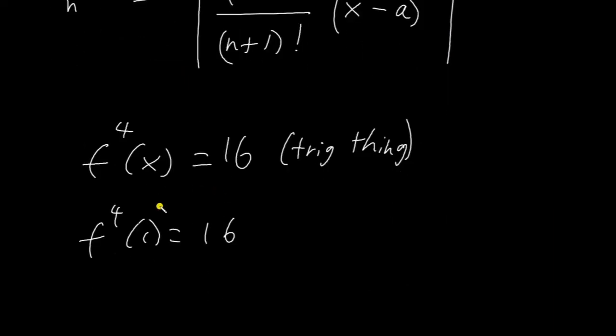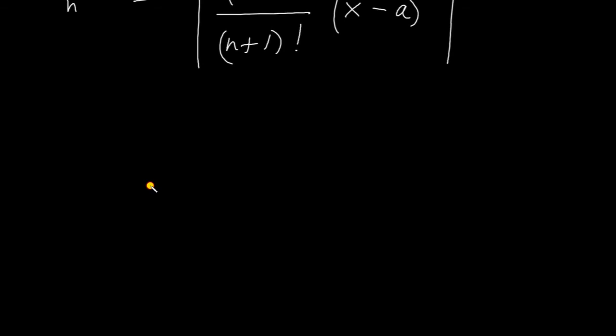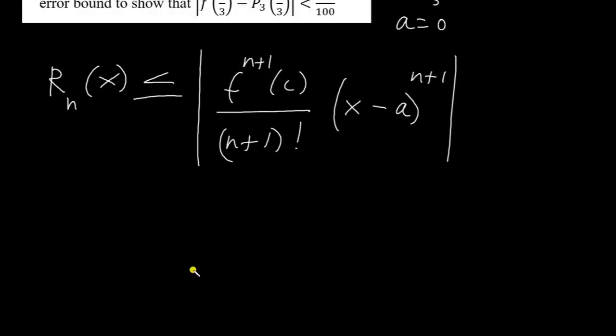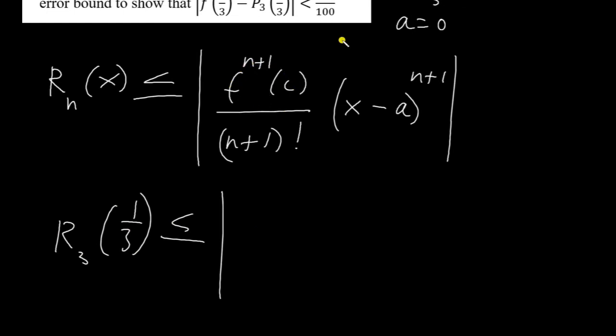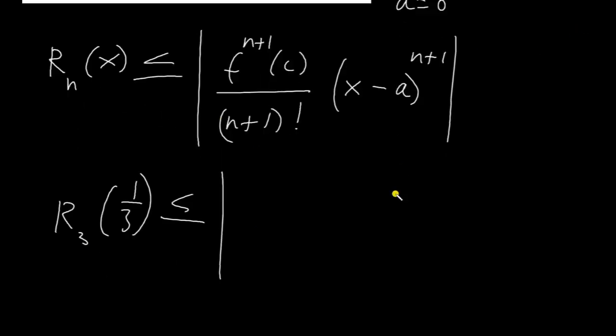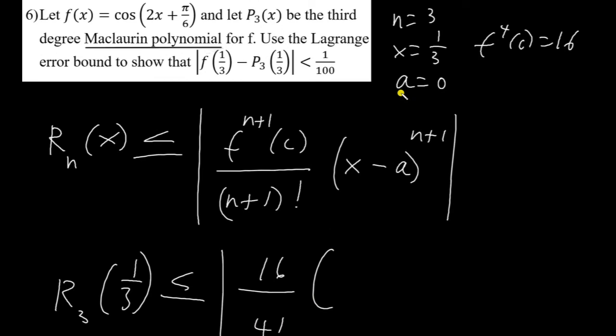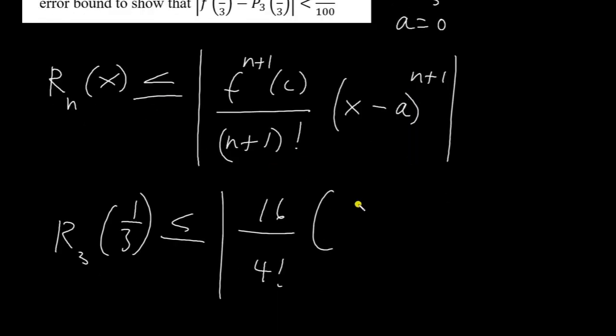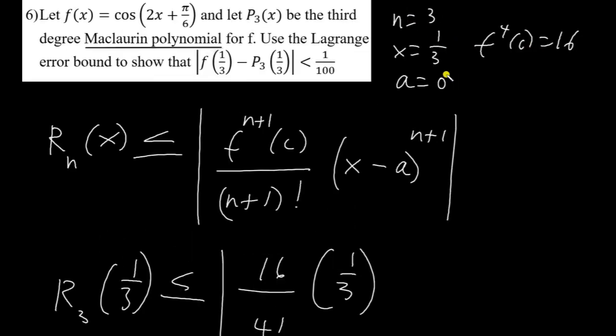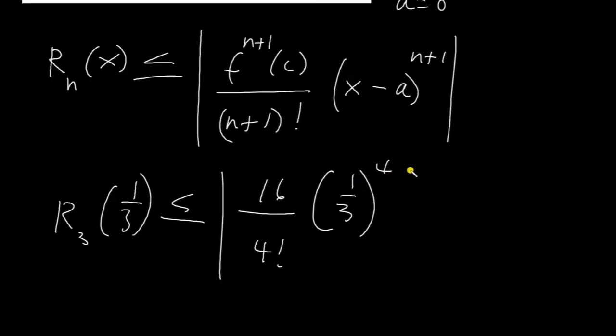Let me just erase this. Okay, let's plug into our formula. The third degree remainder at 1/3 is less than or equal to the absolute value of 16, that is a fact, divided by n plus 1, so 4 factorial, times x is 1/3, a is 0, so 1/3 to the n plus 1, which is 3 plus 1, so the 4th power.